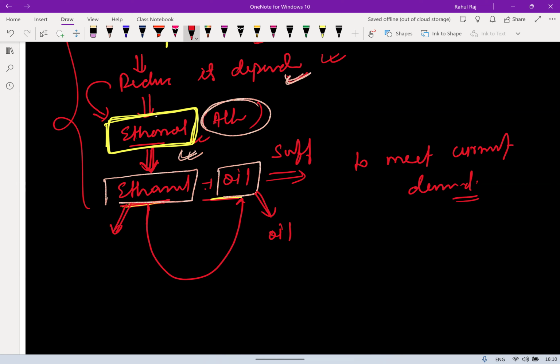It might be that ethanol production is not more than oil production, or oil production is not more than ethanol production, but we are here combining. Our conclusion is ethanol plus oil is sufficient to meet the current demand. So there is no way we think about the production of ethanol versus oil, whether ethanol production is less or oil production is more, or ethanol production is more or oil production is less. We are not supposed to think about this at all.